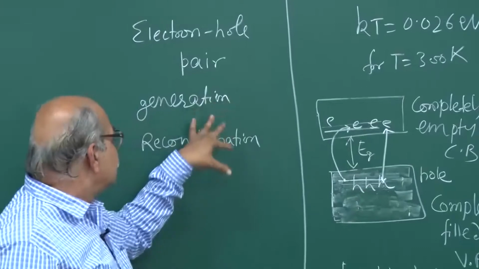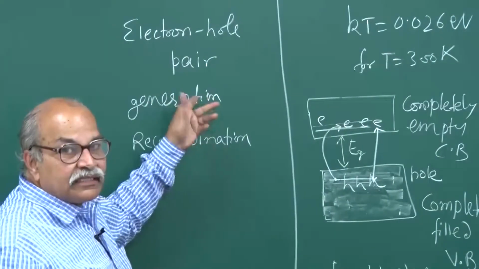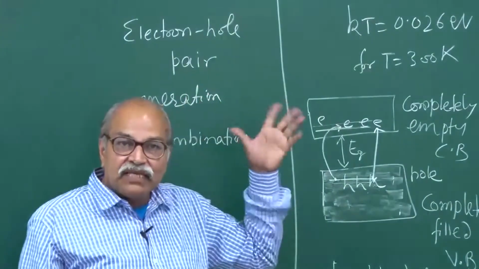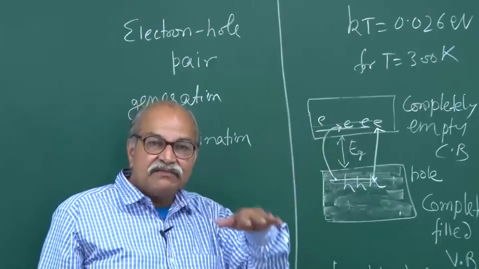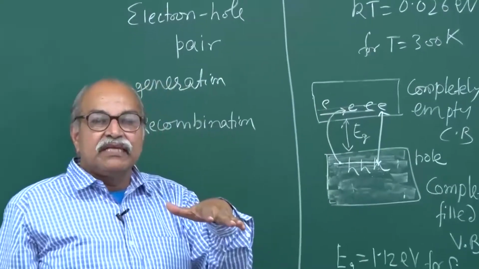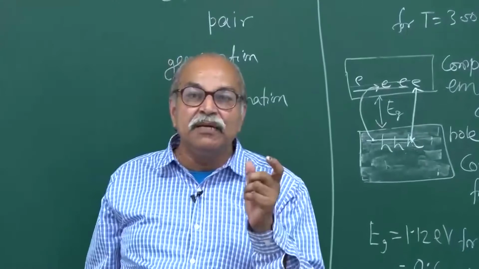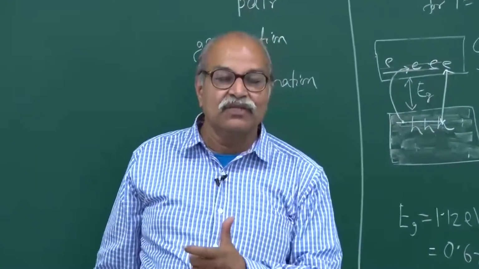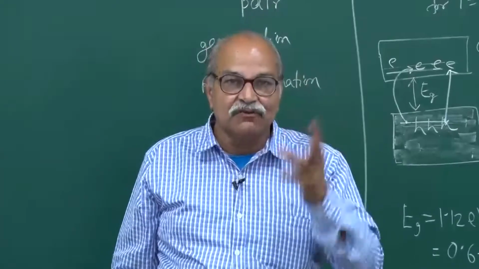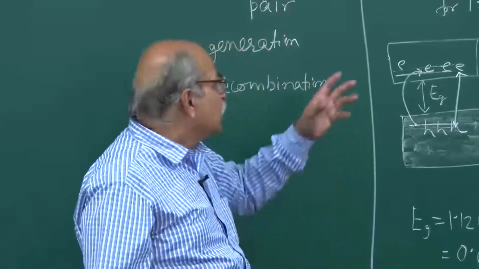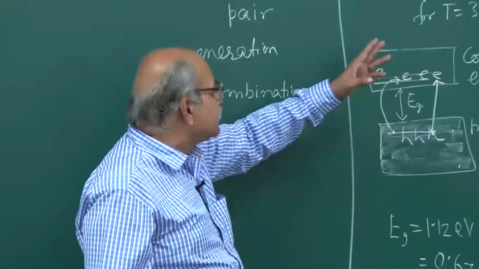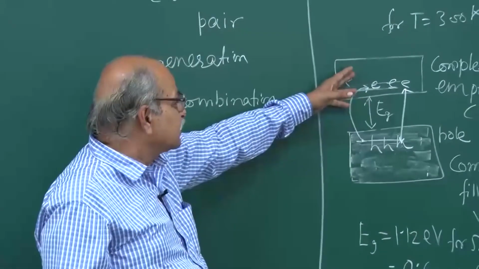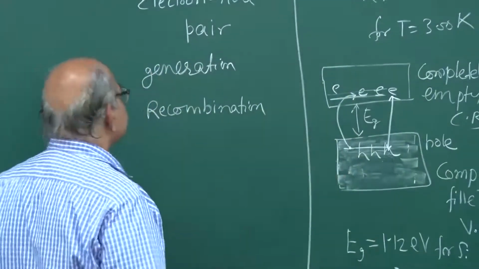So this kind of recombination generation process will go on, and at any given temperature there will be an equilibrium number of electrons and holes per unit volume. So an equilibrium density of these charge carriers, these electrons and these holes. Okay.